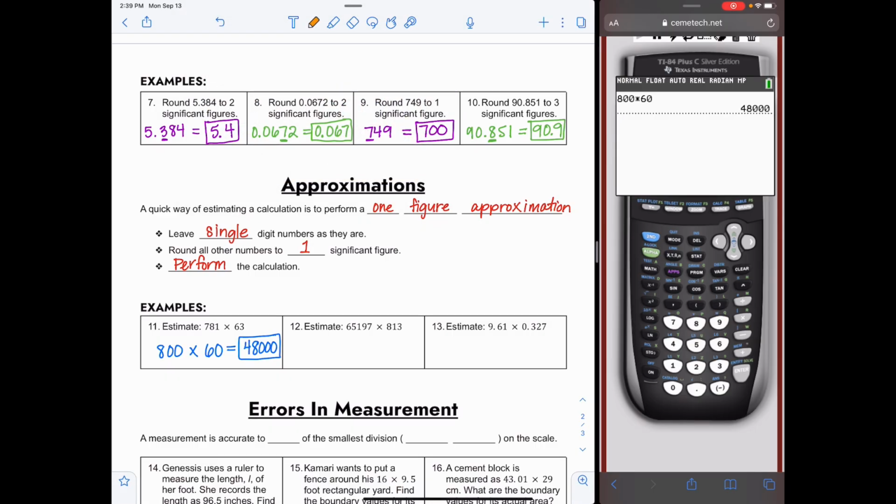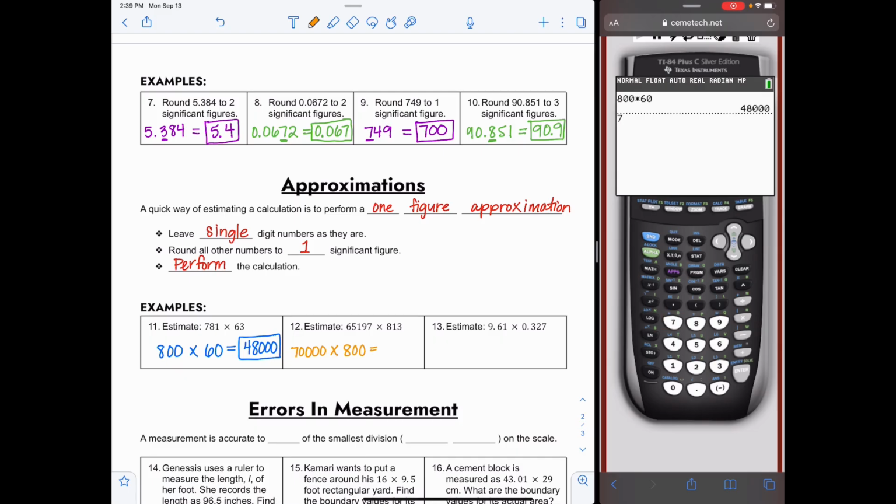Number 12, it says estimate 65,197 times 813. So what we're going to do is we're going to round to 1 significant figure. So that 65,197 is going to round to approximately 70,000. And then we're going to multiply it by 800.